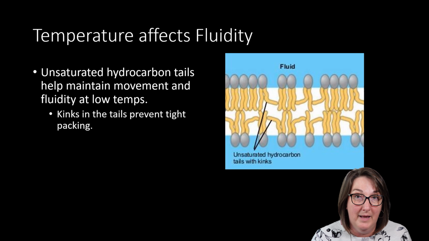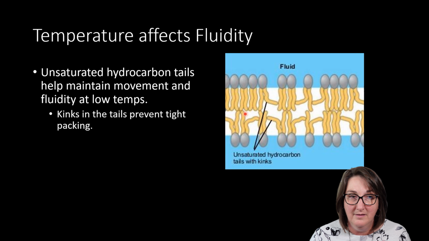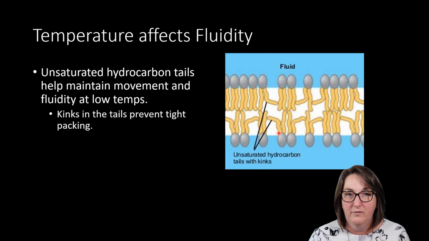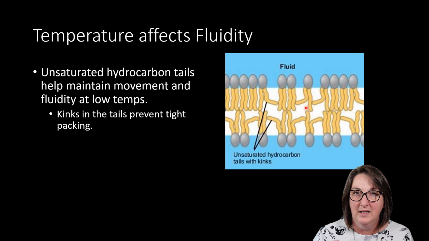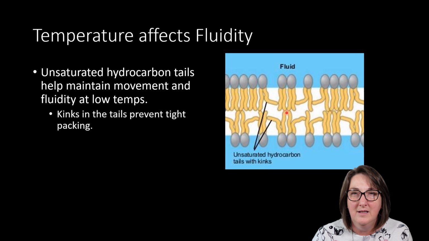Temperature can affect a plasma membrane. If I have unsaturated hydrocarbon tails, they're going to help maintain fluid movement. It's going to allow stuff to move through. So this works well with animals that live in really cold environments. Think about fish that live in the Arctic Circle. How can these fish live in someplace so cold? Humans couldn't live there. So how can fish?